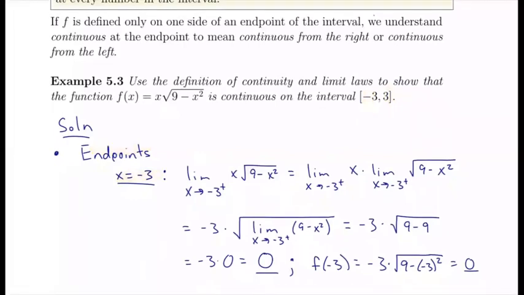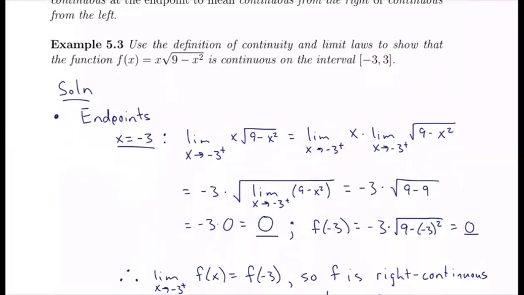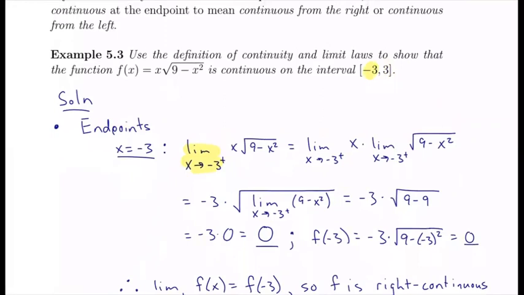We just need to take the limit as x approaches -3 from the right. Remember, that's the leftmost point of our interval. So we've got to approach it from the right and make sure that the limit of the function as we approach -3 from the right is equal to the function evaluated at -3.